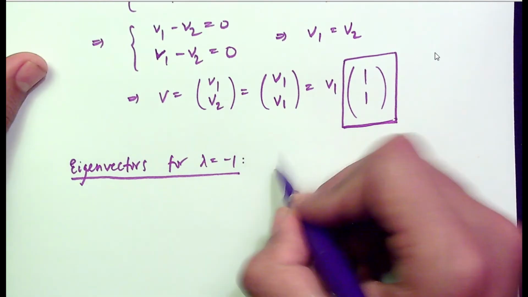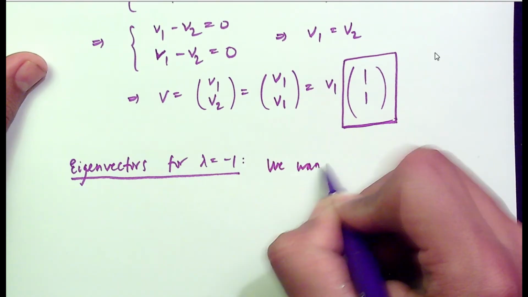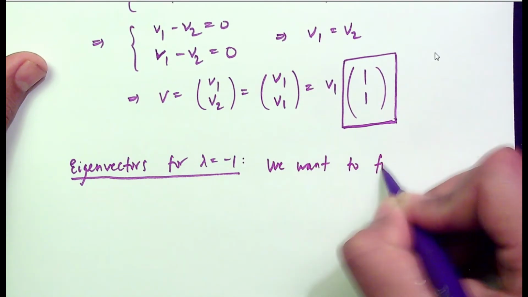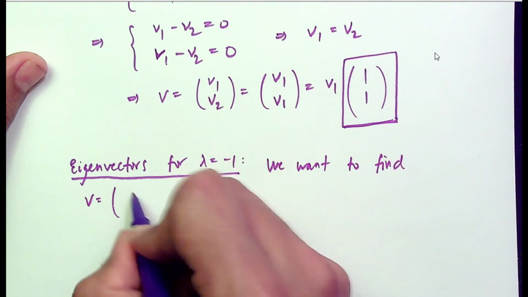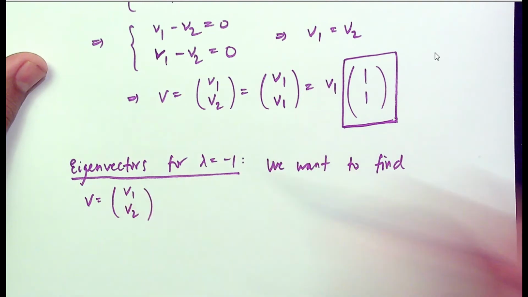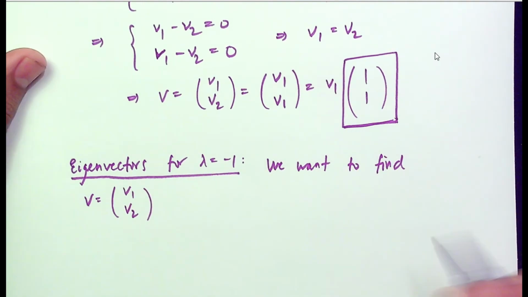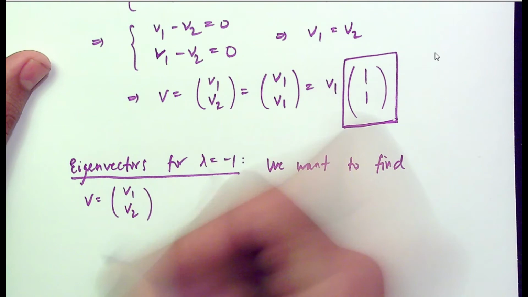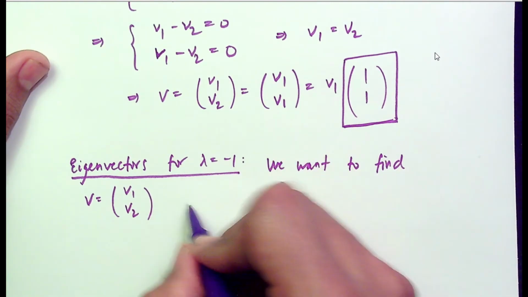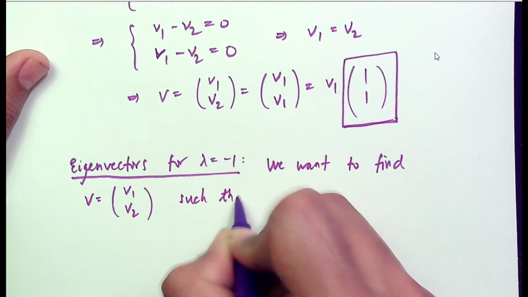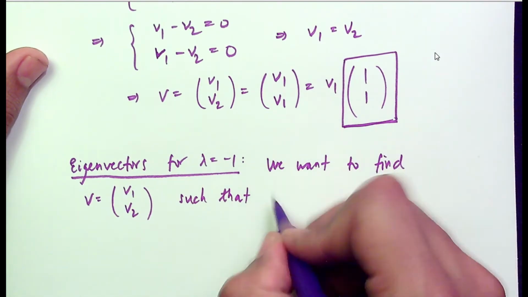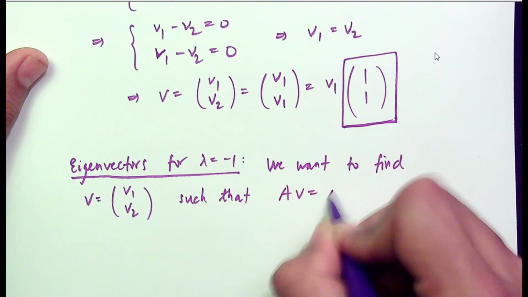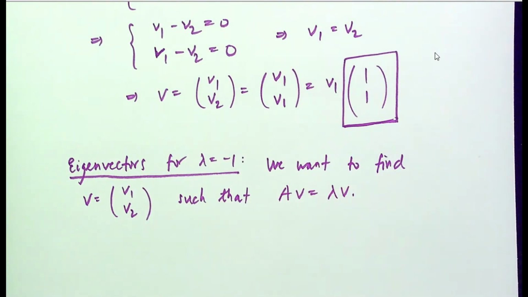We want to find the eigenvectors, or v. So now I'm going to start the whole process all over again, using the same letters, so you know these are for a new problem. We're going to find the vector v equals v1, v2, such that Av equals lambda v. That's the main equation for the eigenvector corresponding to lambda.